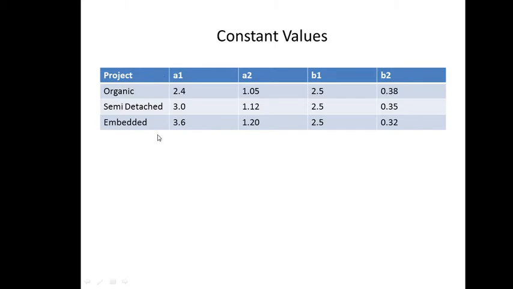So numerically this will be required if in the question it is given that the project is of semi-detached type, let's assume. And you're supposed to estimate effort, time and cost. So you will be using these values of A1, A2, B1, B2, this line, right, for semi-detached. If it is given to be organic, you will be using these values, right? So it's simple.